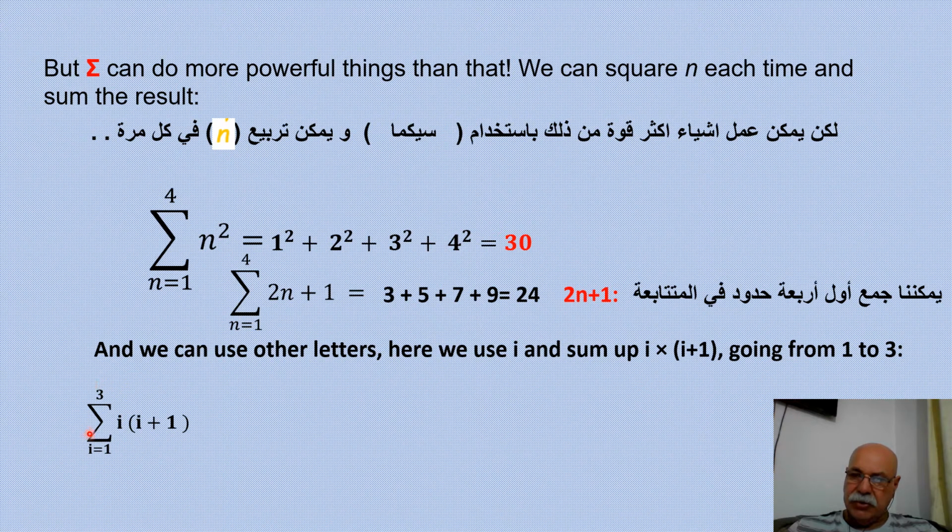Here also you see we are changing: i from 1, element i times i plus 1, going to 3. How can we do this? Stop the video and try.